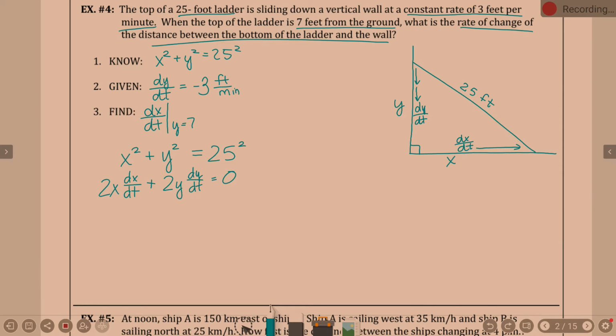This is one where I feel like I usually solve before I put my information in. I'm not saying you'd have to, but that's what I usually do here, so I'll demonstrate that as an example. What am I trying to solve for? dx dt. So if I keep 2x dx dt and subtract over the other one, negative 2y dy dt.